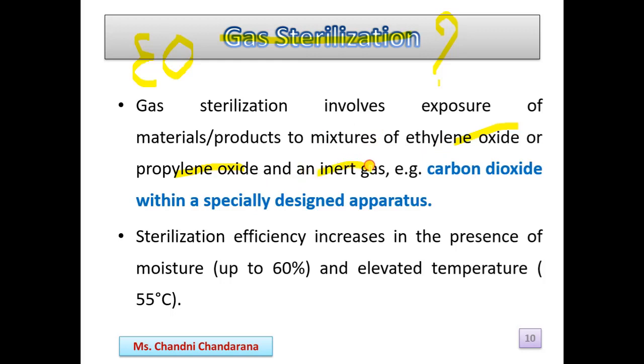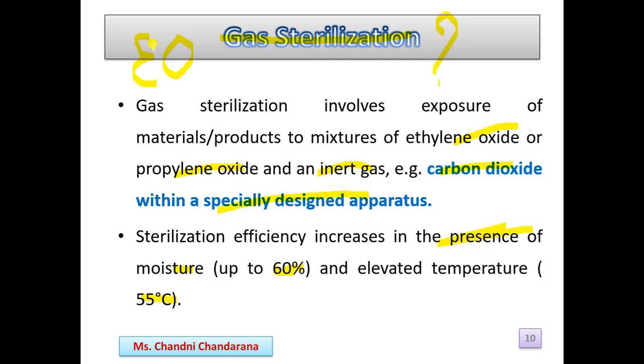Generally the substance used is ethylene oxide or propylene oxide, with an inert gas, for example carbon dioxide, within a specifically designed apparatus. Sterilization efficiency increases in the presence of moisture up to 60% and elevated temperature up to 55 degrees centigrade. Means if we maintain these conditions, we can increase the process of gaseous sterilization.